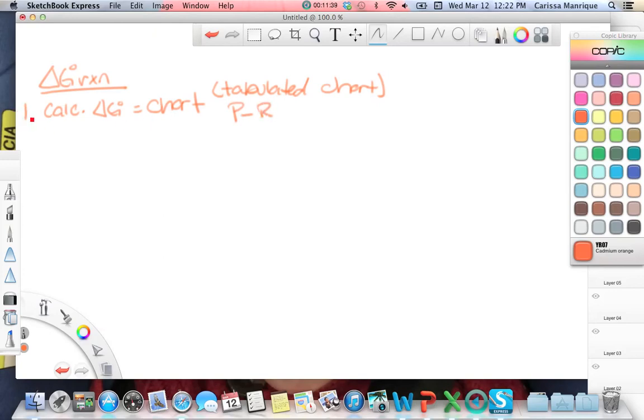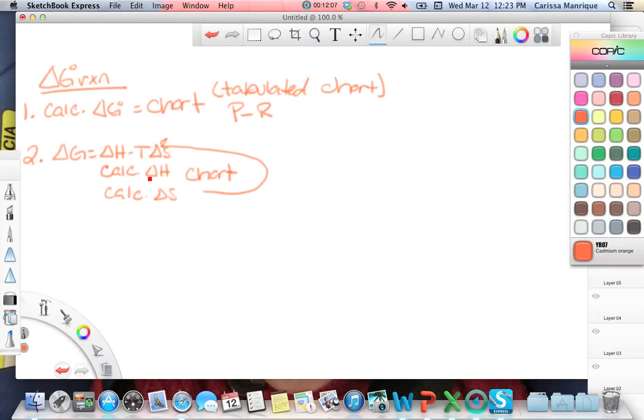So that's one way. Another way they could give it to you is you have to use delta G equals delta H minus T delta S. And you'd have to calculate delta H and calculate delta S using the chart, and then plug those into this formula here.